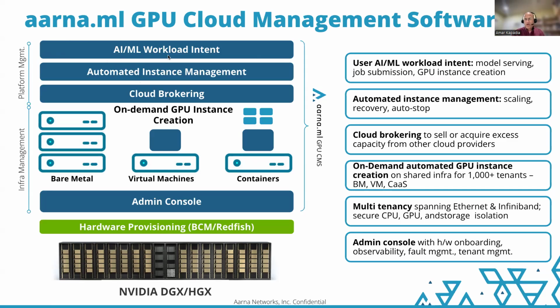And this layer automatically figures out the infrastructure requirements, creates the infrastructure, and places the workload onto the right infrastructure. Of course, jobs or models are not the only way. The tenant can create explicit GPU instances: bare metal, virtual machines, or CaaS. So that's the product in a nutshell.